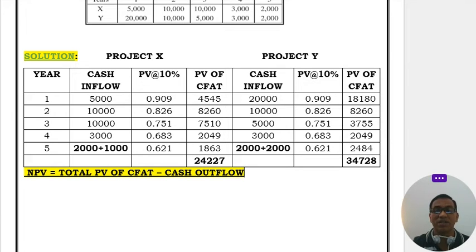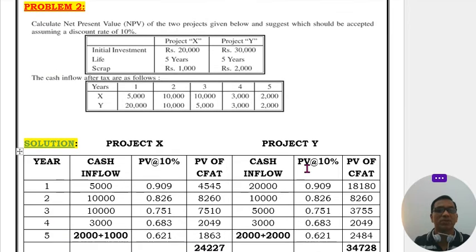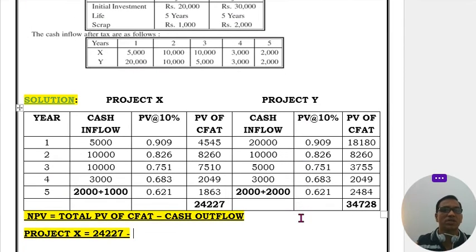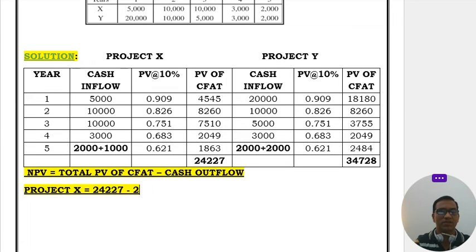Unless there is some additional requirement, the initial cash outflow is always in the present year only. So now I am calculating for project X: what is total PV of CFAT? 24,227 minus the cost of the project, 20,000.